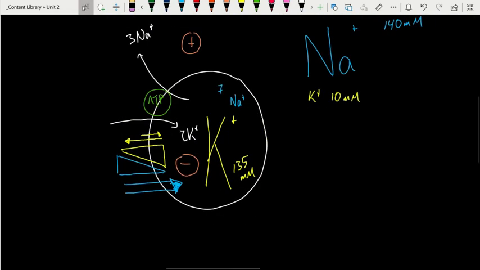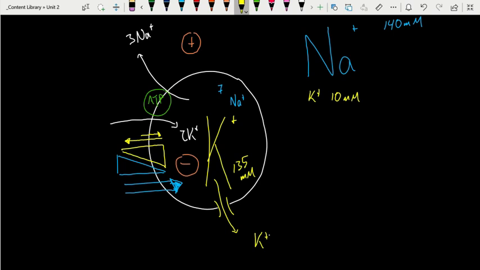Let's go back to our picture of the cell and see what this looks like. Let's come down here to the bottom and open up a channel, a leak channel specifically for potassium. There's potassium, and we know that potassium will want to leave. So out it comes. We know that that's going to drop the cell to become more negative.